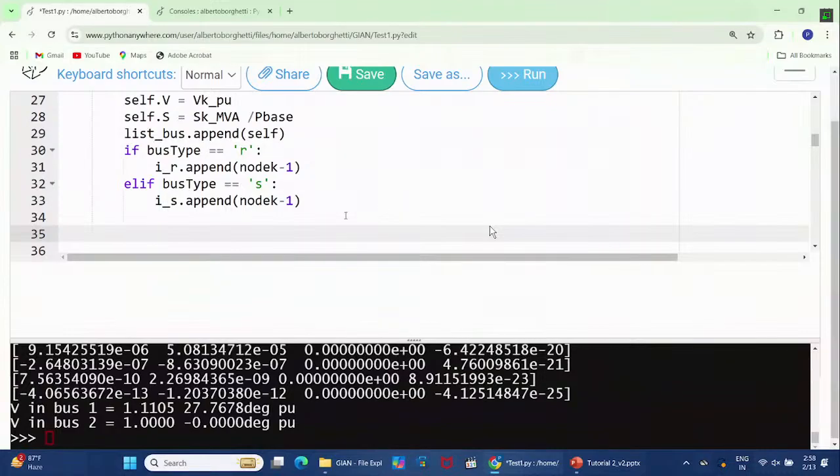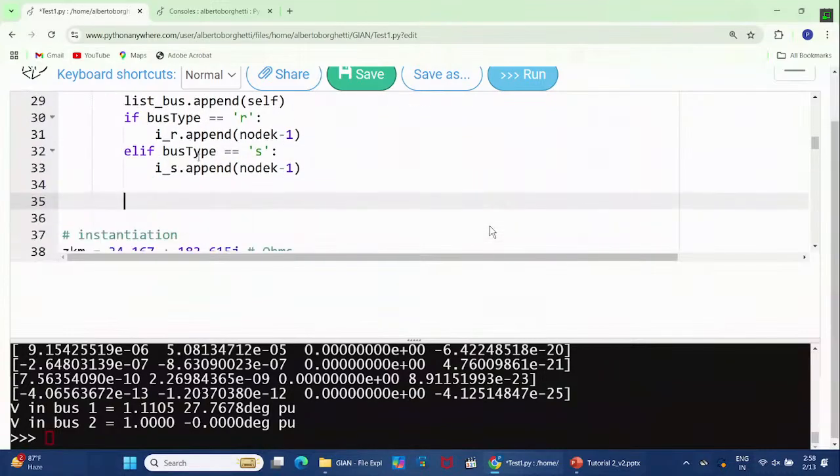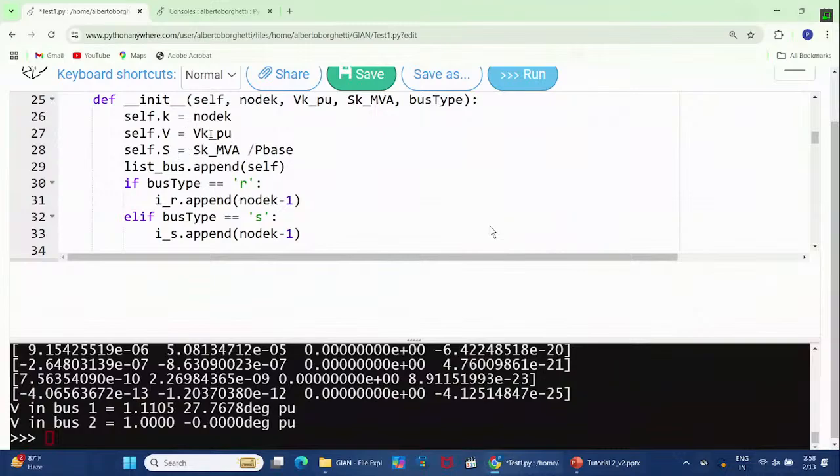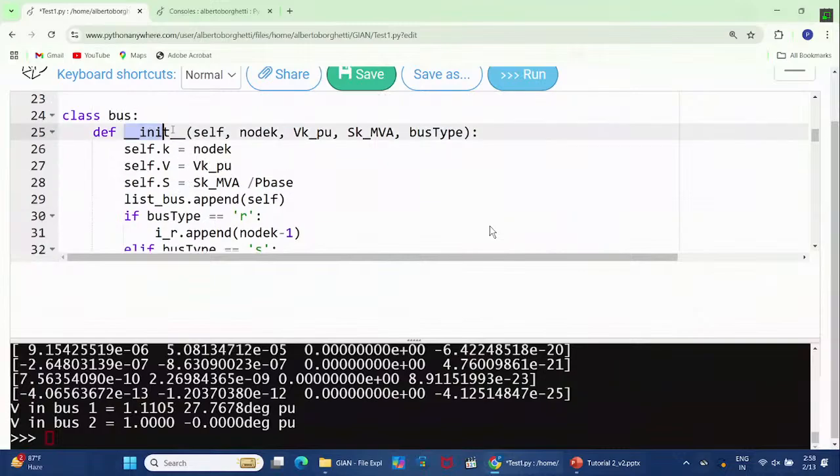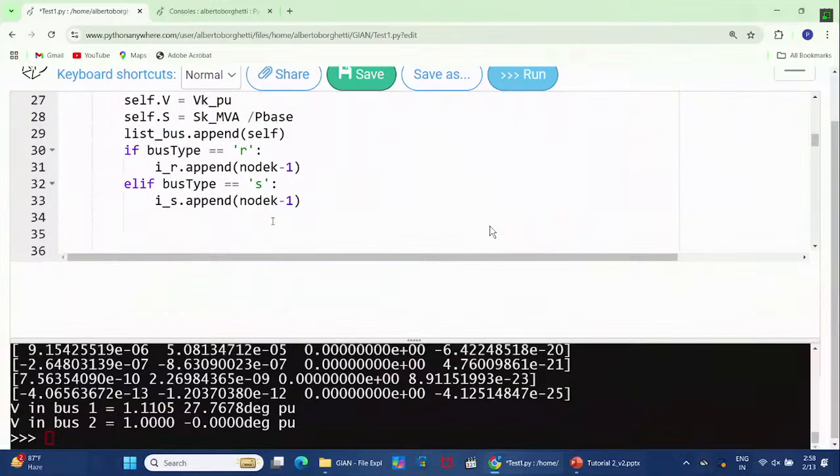Okay. But we can define another function that is not mandatory. It is mandatory in order to define the object in Python, but here we can add other methods. And in particular, in this case, for the object line, we can put a method that calculates the power flow. So when we know the voltages, and now we know.